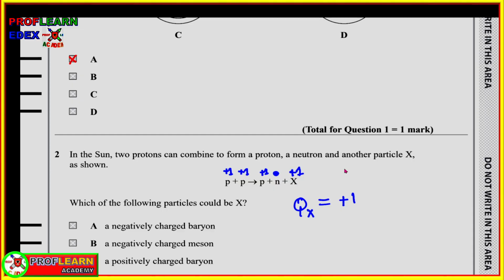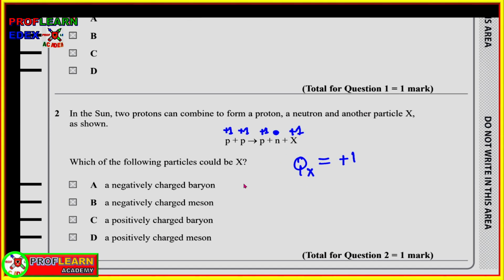And we need also to look at the conservation of the baryon number. Since we are having protons here, the baryon number must be conserved. So the baryon number before the reaction was 1 plus 1, and after the reaction we have 1 plus 1.